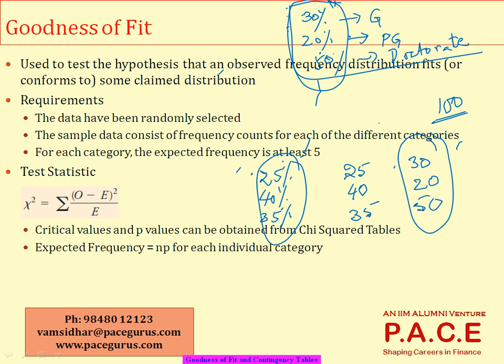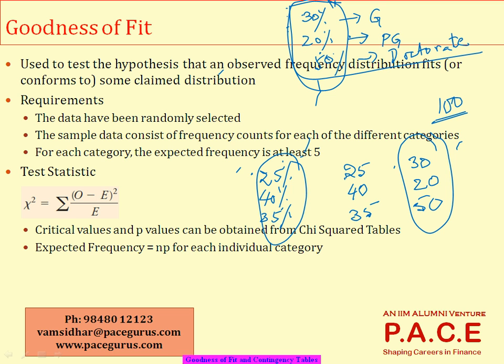Whenever I have an observed frequency, and I want to make a claim about the proportion of each of these different data sets, for example, in every 100 people at a particular organization, I need 20% doctors, 30% someone else. If I have such data and want to see whether my claim is valid or not, I will do this kind of analysis.